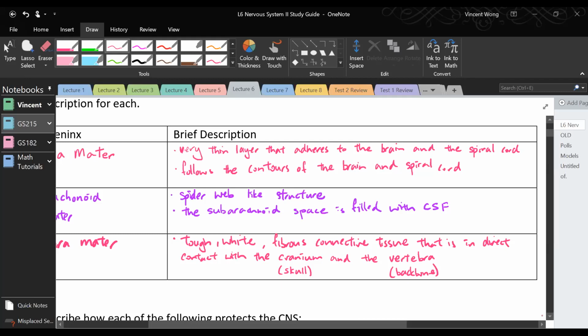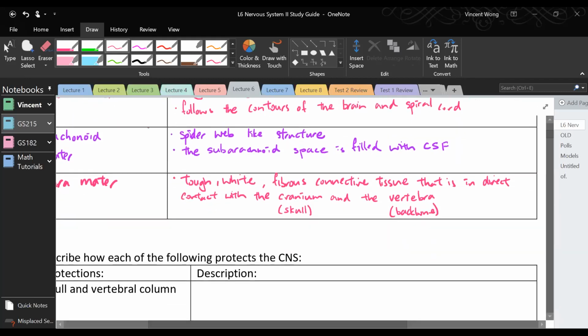Now, I should also mention that the dura mater is actually two separate layers that are fused together.